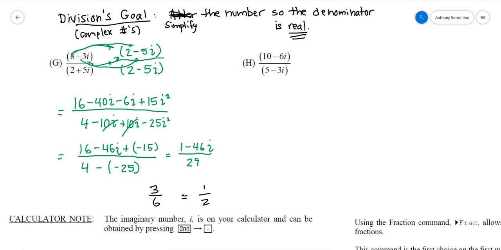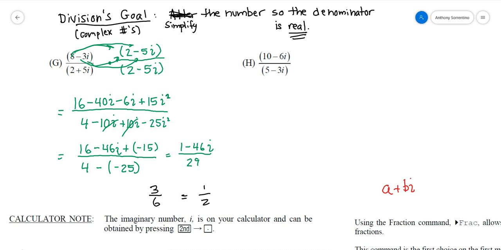So I now have the denominator being a real number, not a complex number anymore. I'm not done though, because again, remember, these answers should be written a plus bi format. This is not a plus bi format. This is a plus bi all over some other number. We'll say c.